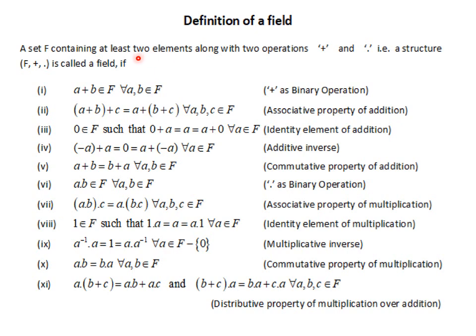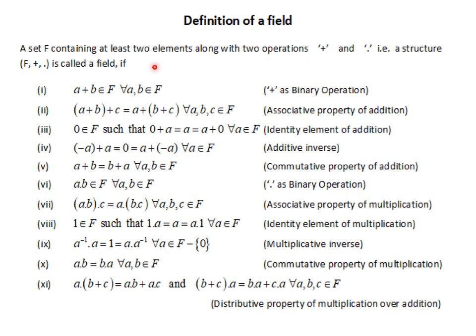Those two must be the minimum requirement of set F, and then there may be any number of elements in set F. With that set F we have two simple mathematical operations, plus meaning addition and dot meaning multiplication.